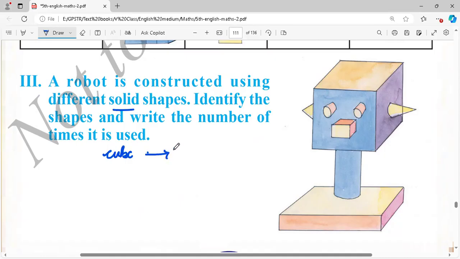How many times does the cube appear? One time. The cube appears one time.